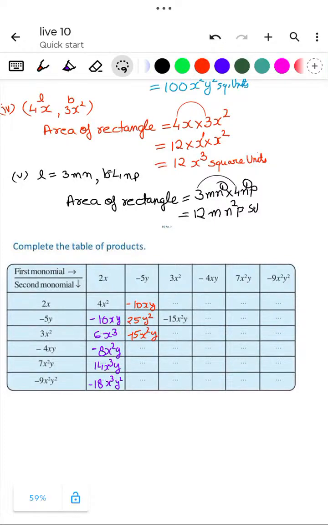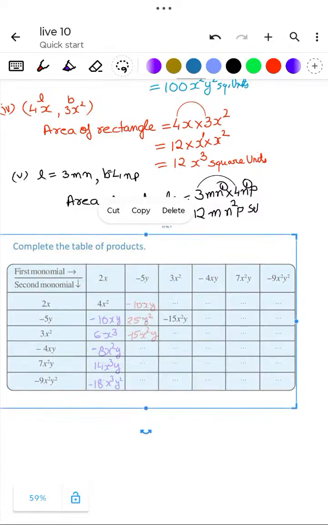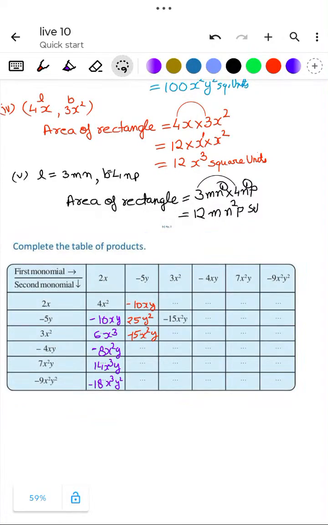Now next is negative 5y with negative 4xy. So we have to multiply these two terms. So this will be negative 5y times negative 4xy.